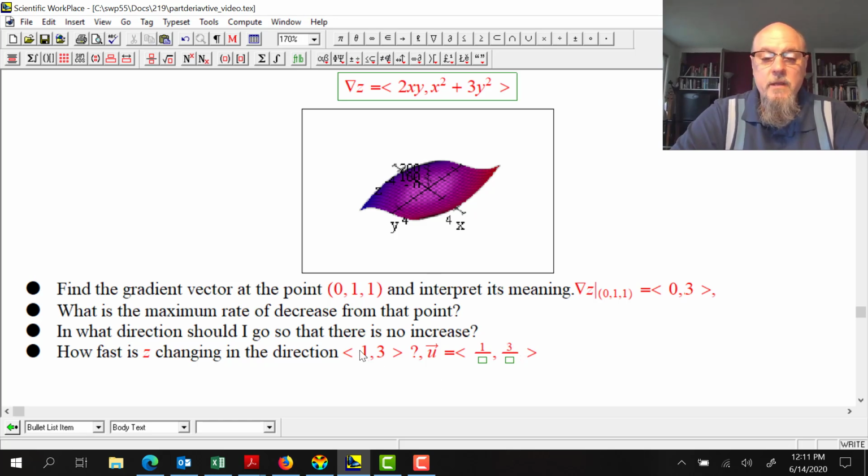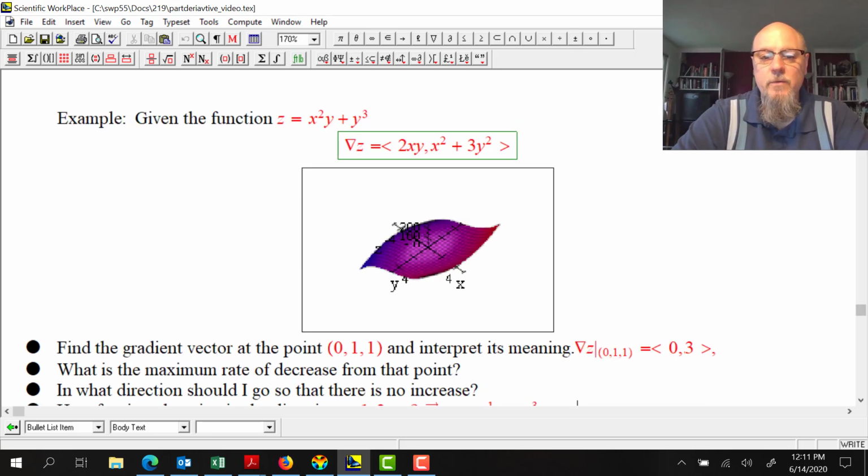The magnitude would be 1 squared plus 3 squared, that's 10, square root of 10 would be its magnitude. Now it's a unit vector that's just giving me purely the direction. And now we want our direction. So to answer this question, how fast is z changing, I want its directional derivative. Let's get our proper notation with this then.